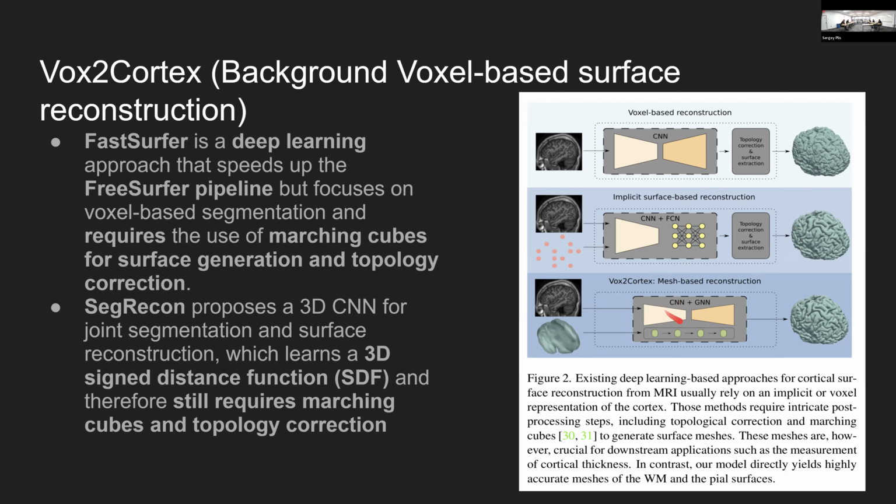The new method adds a GNN, and basically that allows them to skip topology correction, which is one of the reasons FreeSurfer is so time consuming. So basically, anybody that's using topology correction isn't really beating FreeSurfer all that much on time, I would imagine.